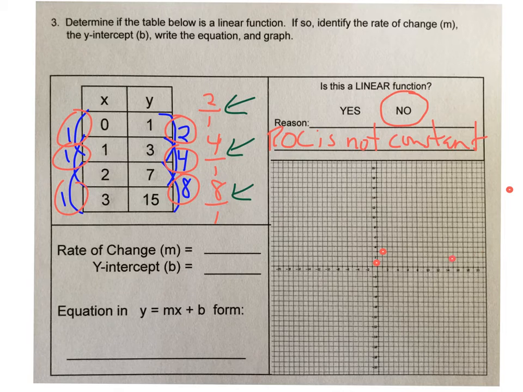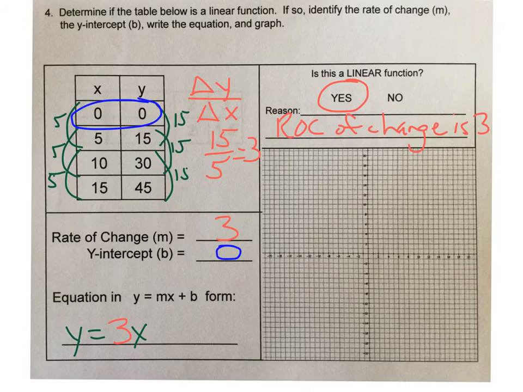And then you have an over 2, up 7. And then you have an over 3, up 15. In which case, you notice it's kind of a curve, so that is not a line, meaning not a linear function.